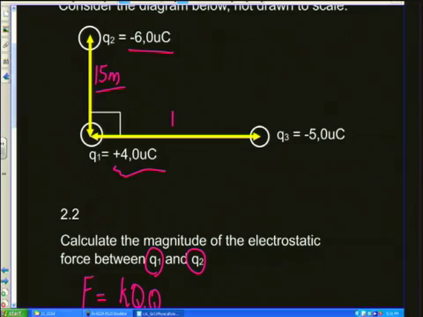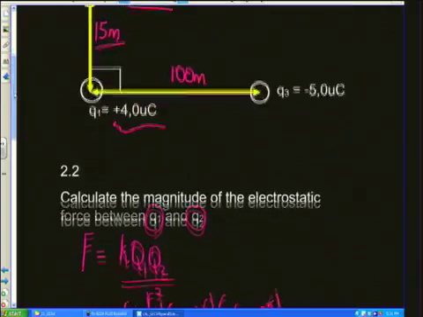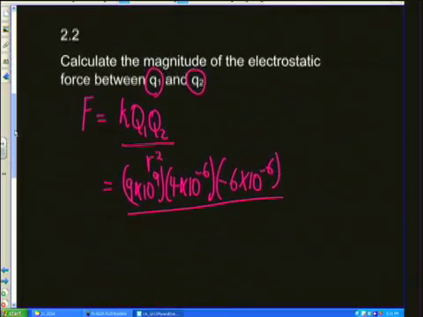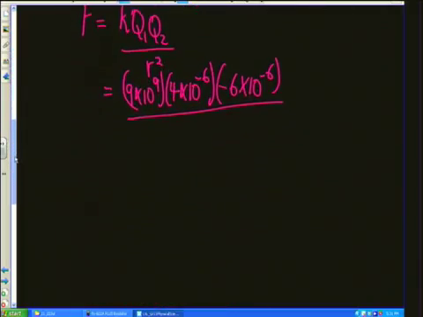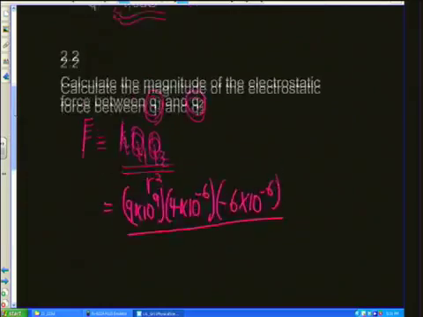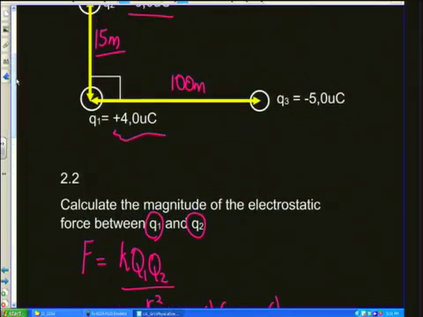Definitely this should be, let me make it 100 meters. Now, what is our r there? It's 15 centimeters. We don't work in centimeters. And let me just go back here. That should be 100 centimeters.